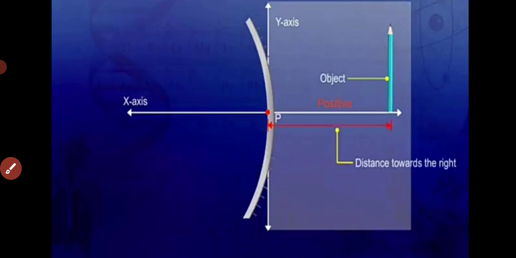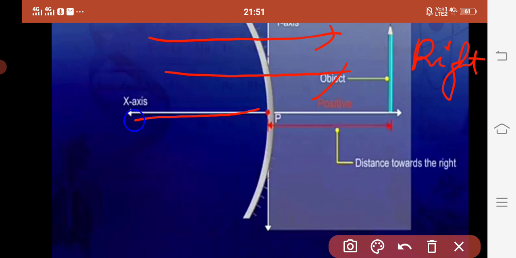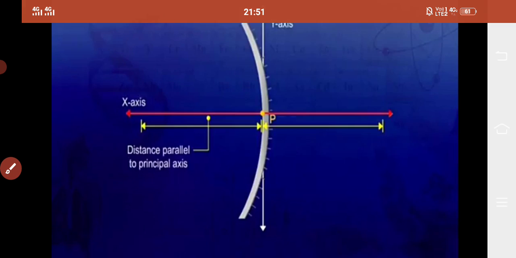The next rule that we need to learn is that the distance which is measured always to the right of the mirror is taken as positive because it is towards the direction of the light, and the distance which is taken to the left is considered as negative distance.